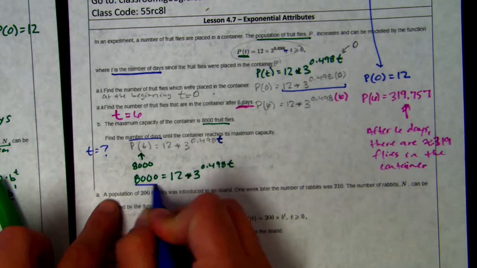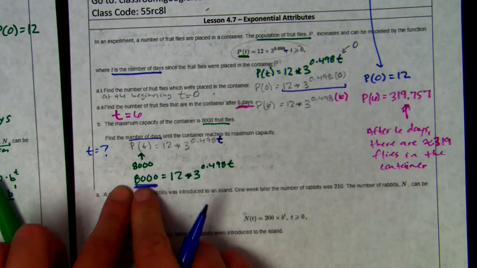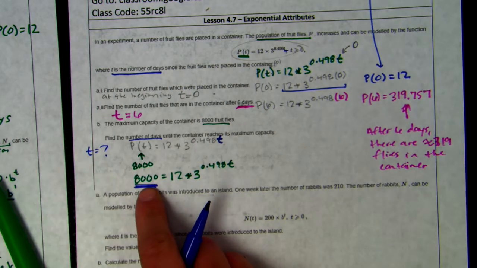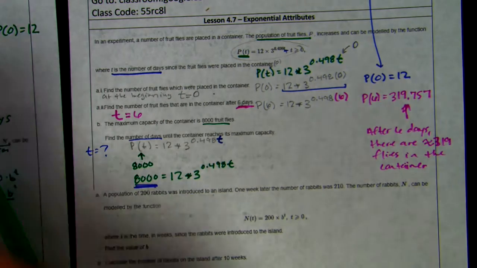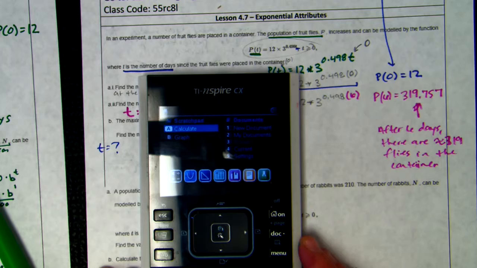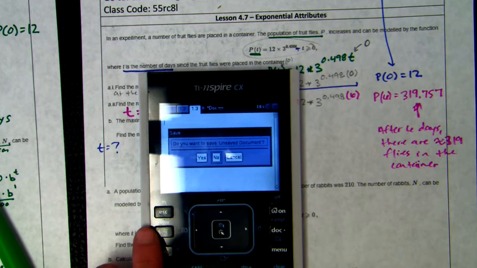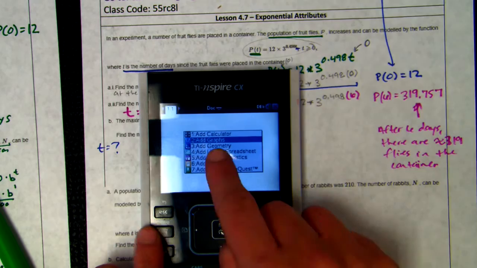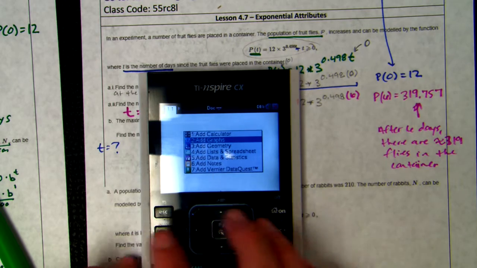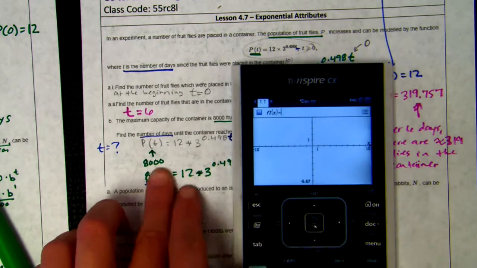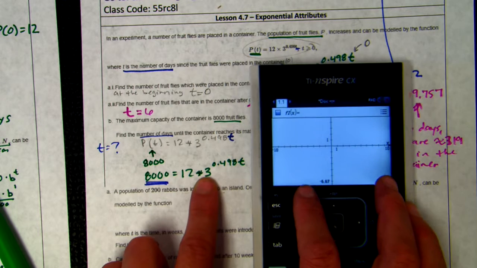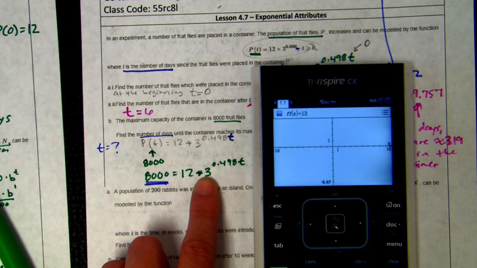I want my result of this to be 8,000. So I'm going to use my table of values to help me do that. I'm going to go to New Document, Add Graphs, and then I'm going to type in this right-hand side of the equation. So I'm going to do 12 times 3 to the power of 0.498.